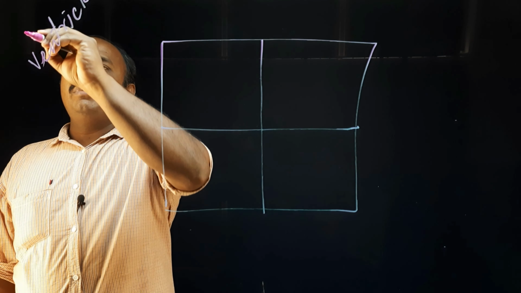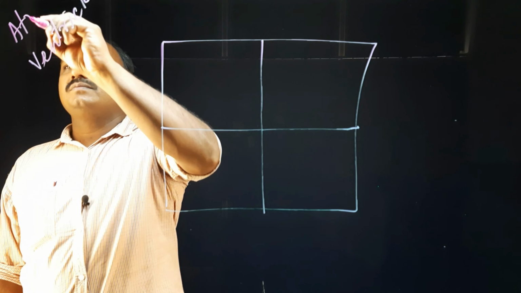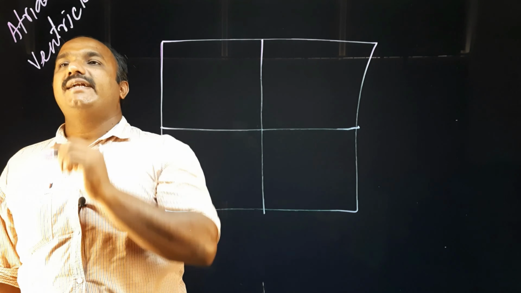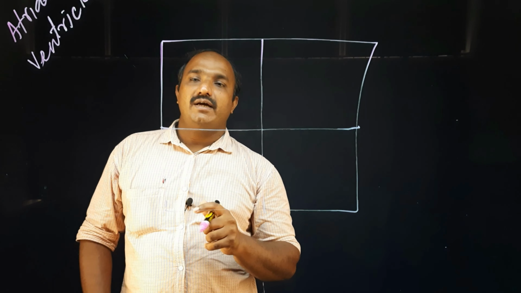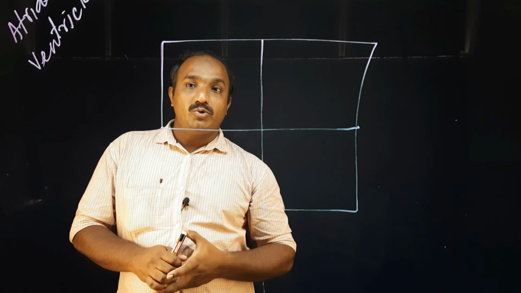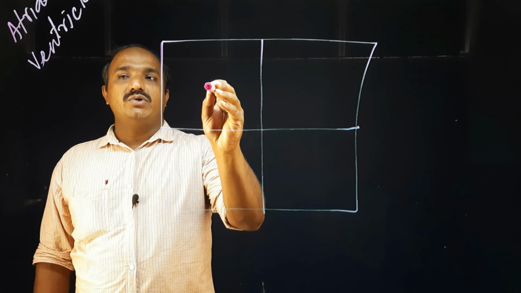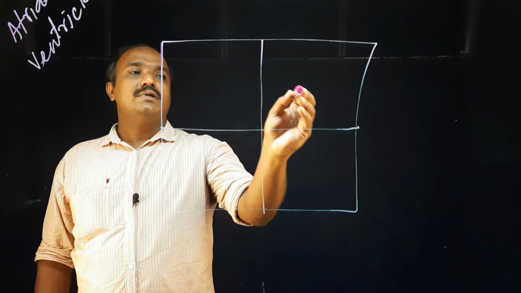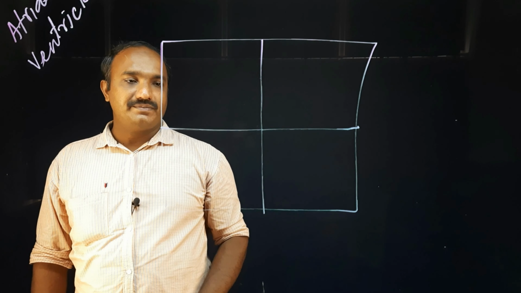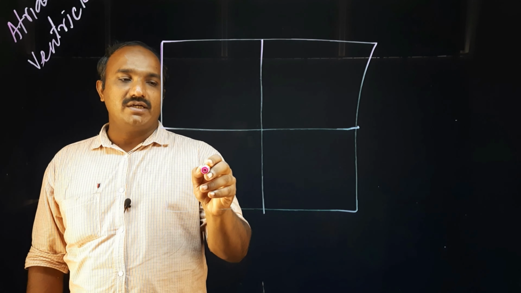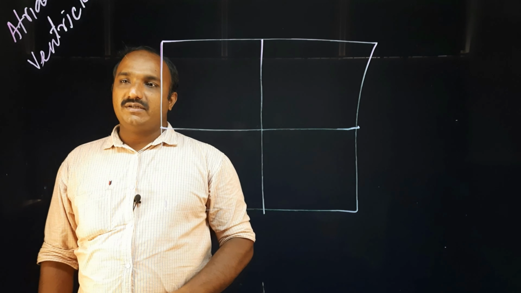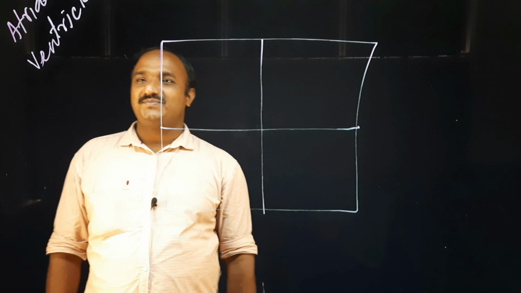Then the upper chambers are called atria. Atria is plural, atrium is the singular. So this is the right atrium, this is the left atrium. This is the right ventricle, this is the left ventricle. Its order is like that.